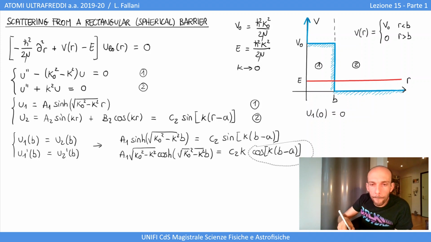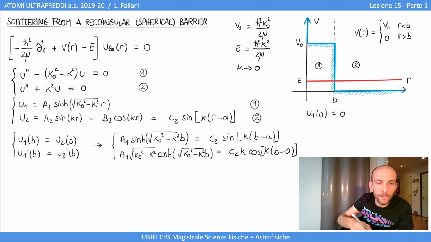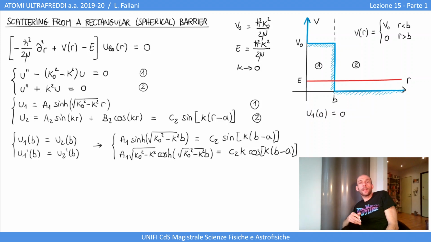Okay. So we have to satisfy these two conditions, and the easiest way to work out the result is to take these two equations and divide the first by the second. And so what we get is the following.